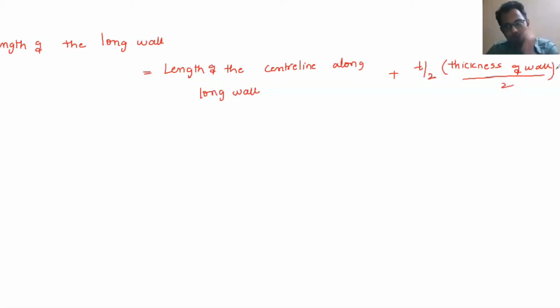So add the thickness of wall on either side. t by 2 plus t by 2, that is t again. That means the length of the long wall is taken outer to outer.